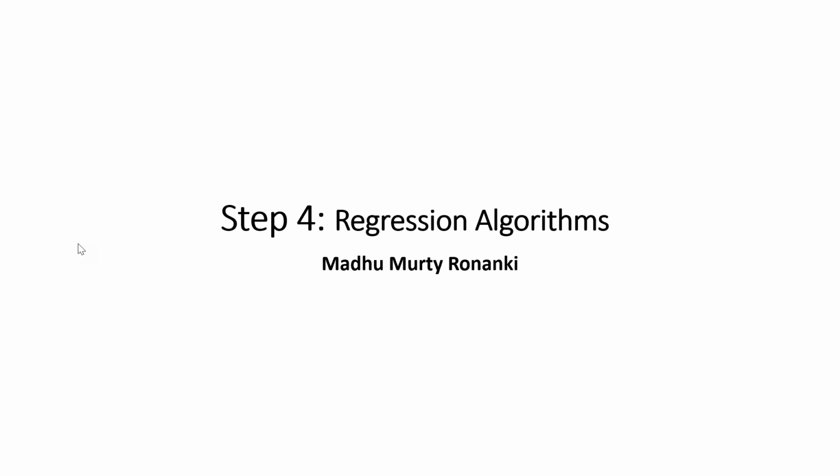Before we do that model training process, we are spending a little bit of time to understand or generally discuss and build a little bit of intuition into the various types of regression algorithms, and that's where we are right now.